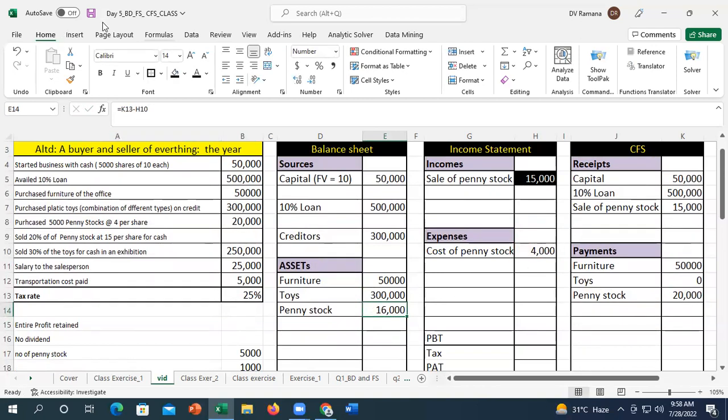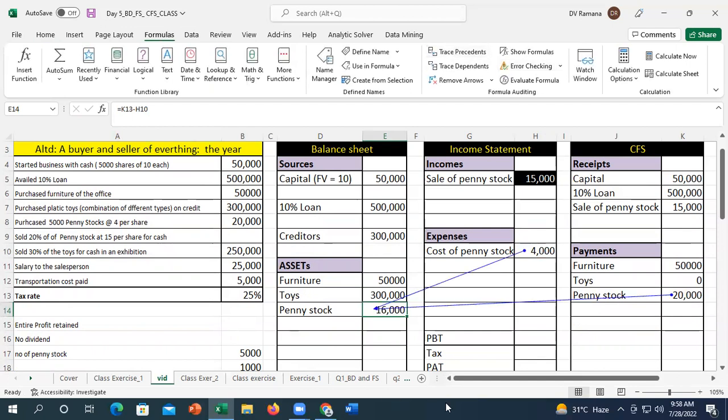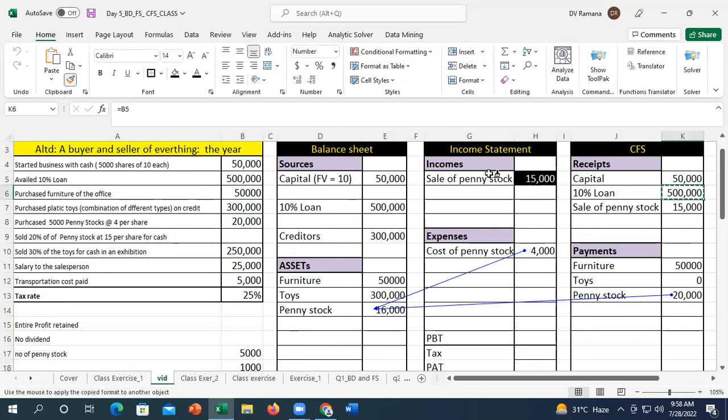Let us recap that. The company purchased penny stock by paying 20,000. They sold 4,000 worth of penny stock for 15,000. And this 15,000 is a cash inflow. And so therefore, it's an income and a cash inflow.